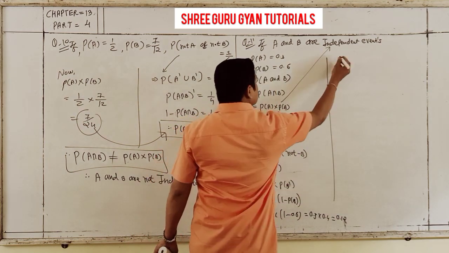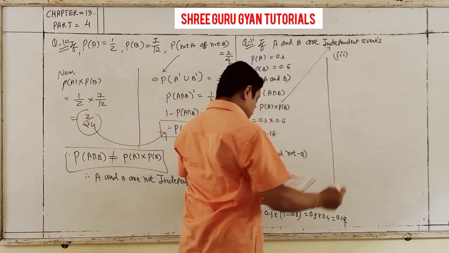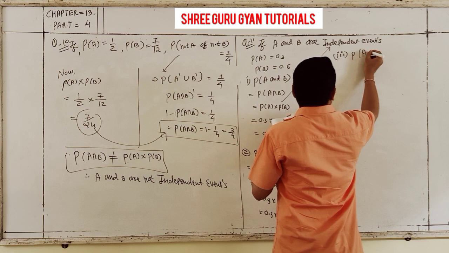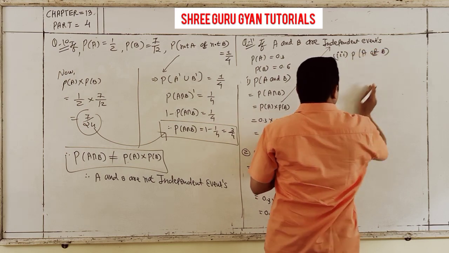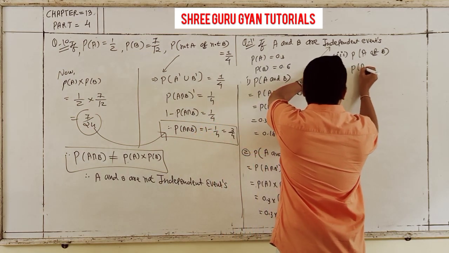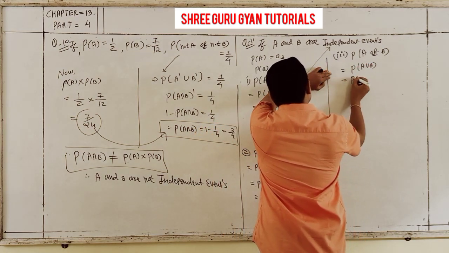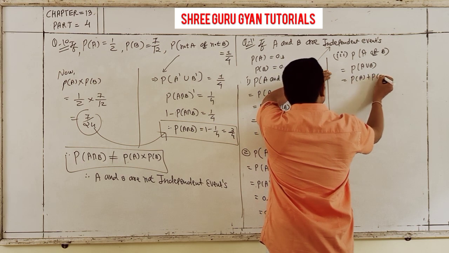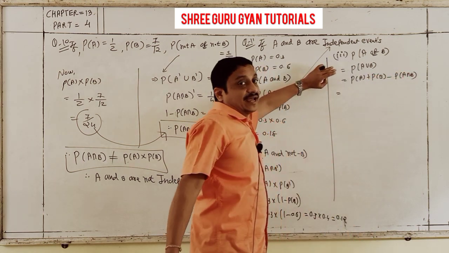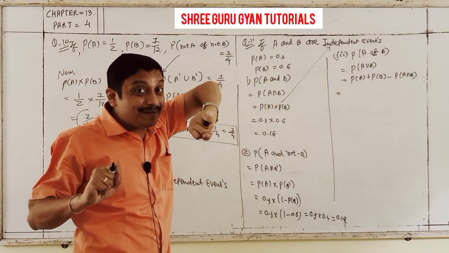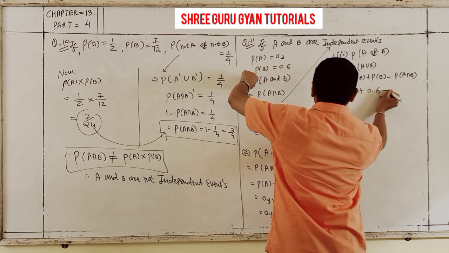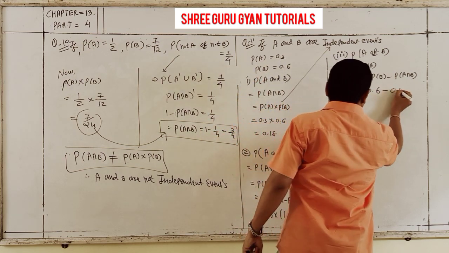Now the third one. Third is also very interesting. Probability of A or B. A or B means union, students. P of A union B is P(A) plus P(B) minus P of A intersection B. Now I apply my answer: P(A) 0.3, 0.6, and A intersection B is known, 0.18.